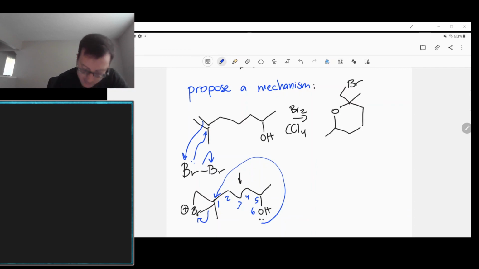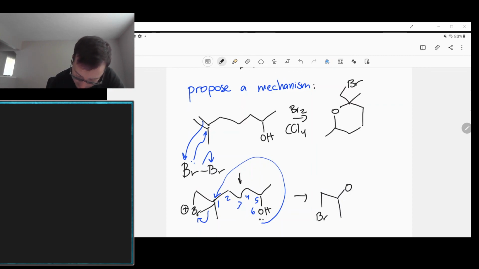We have 5 carbons, and then the sixth one is the oxygen. And we know that our product has a 6-membered ring, and one of those members is an oxygen, right? And so, if we do this, what do we end up with? I'm going to just draw everything here. We have now an oxygen connected to this as well.